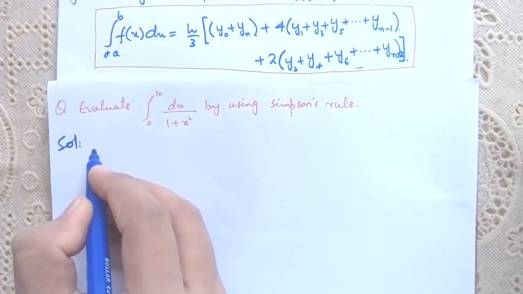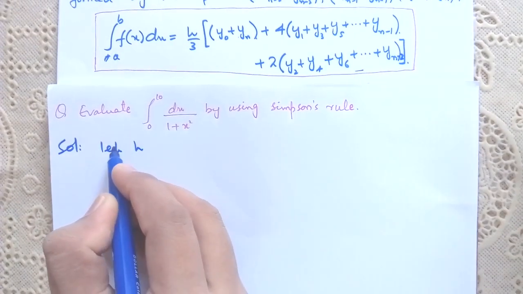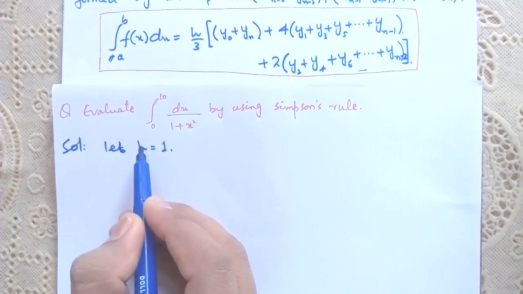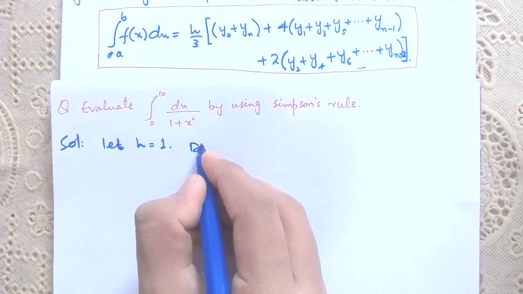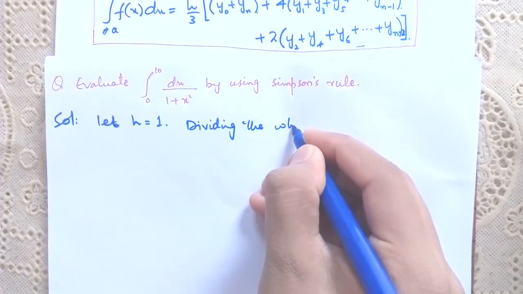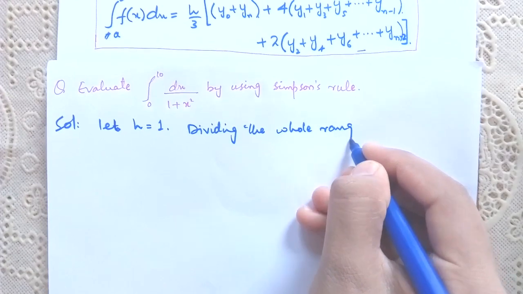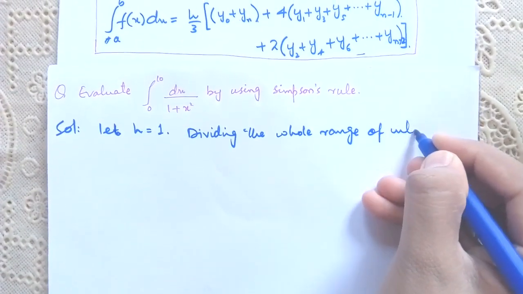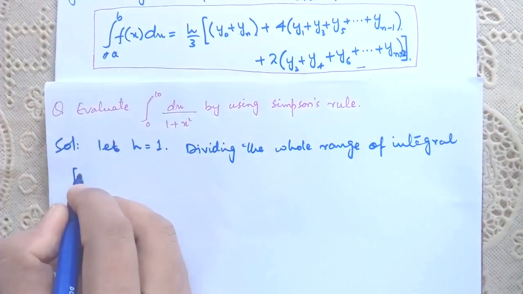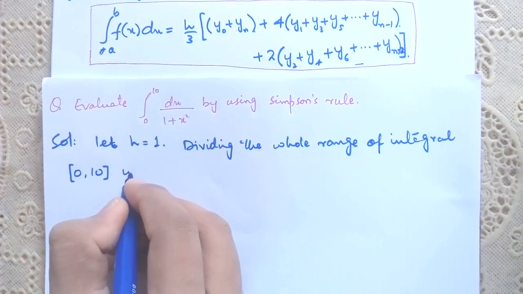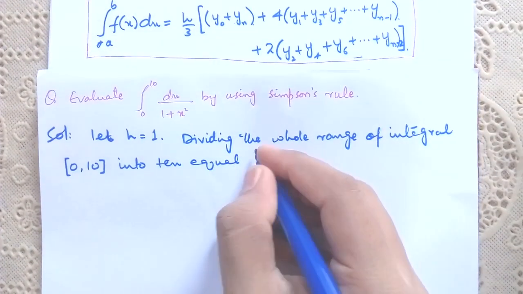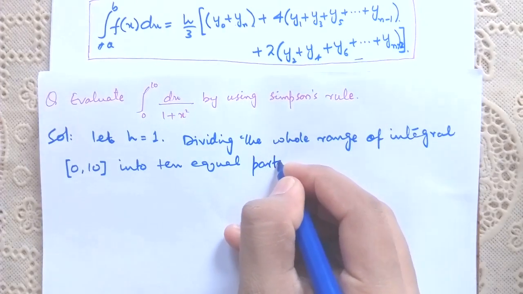So let h is equal to 1, where h is the length of subinterval, right? So dividing the whole range of integral 0 to 10 into 10 equal parts, right?